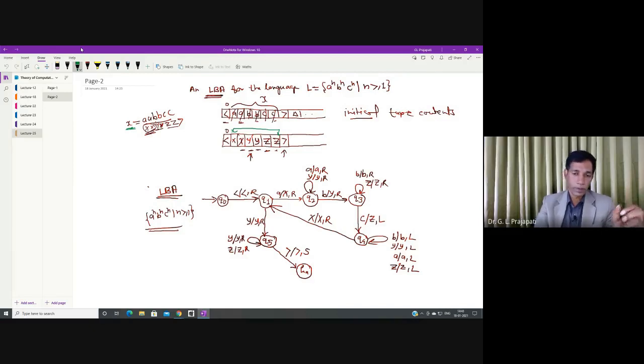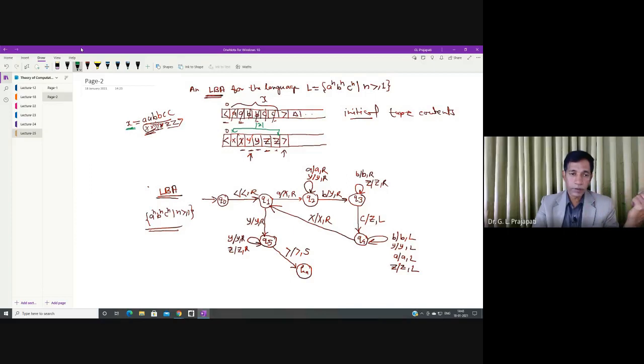If you have a context sensitive language, then you don't require more space to work. You just need the space that is the length of the given input.